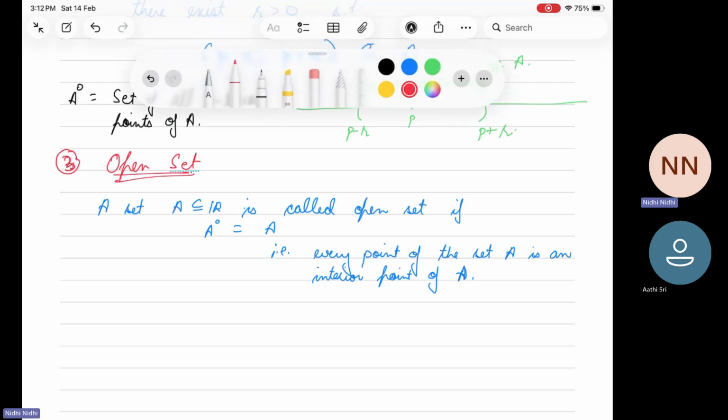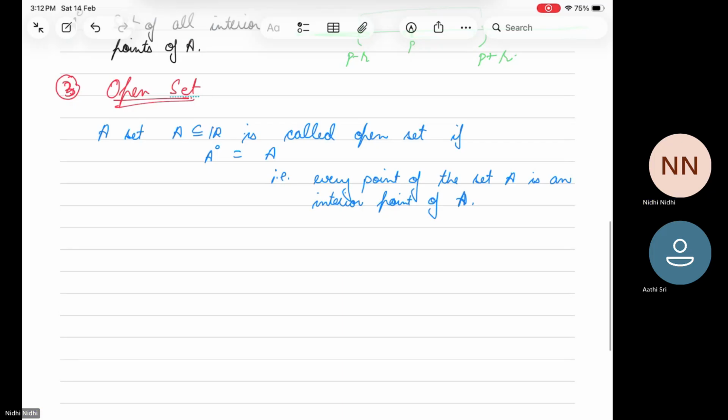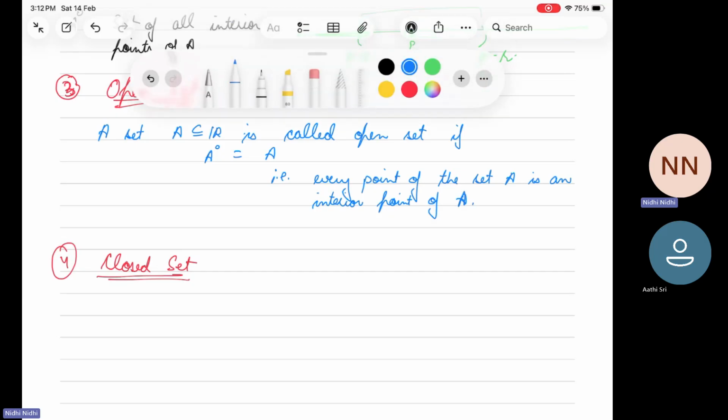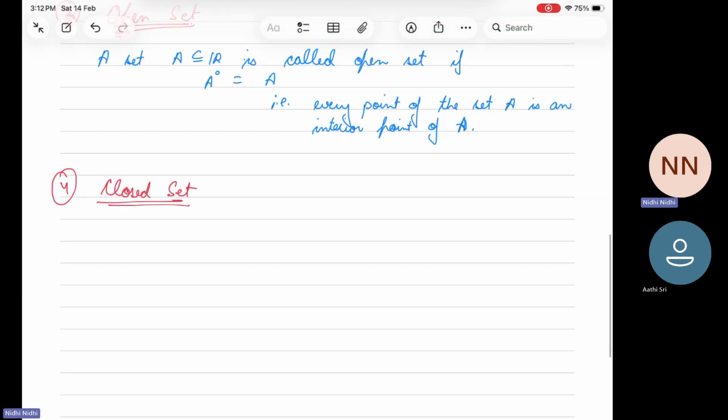And next we have closed set. For this, we have two options. Either one can see whether its complement is open. So firstly, if the set R minus A, the complement of the set A, is open, we say that A is closed.